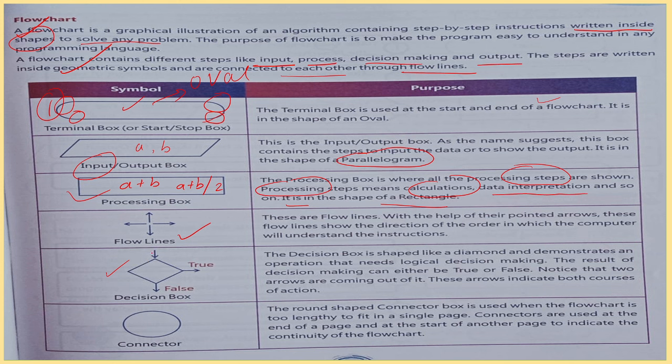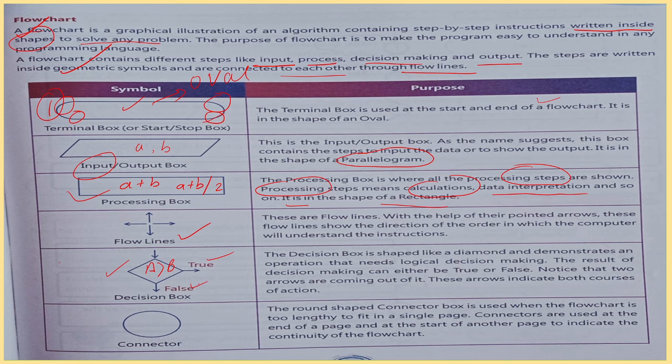This is a decision box. It is a diamond shape and demonstrates an operation that needs logical decision making. Suppose you have to check whether a is greater or b is greater. We put the condition a is greater than b. If a is greater than b, the true part will execute, otherwise the false part will be executed.